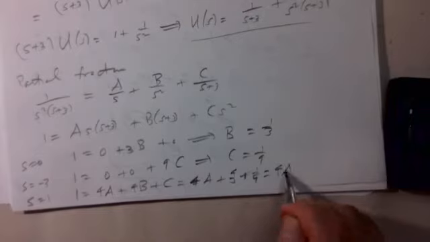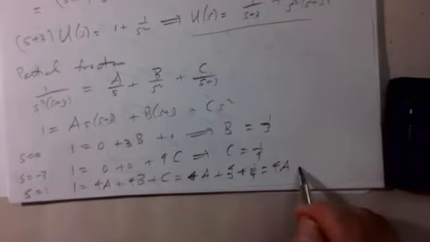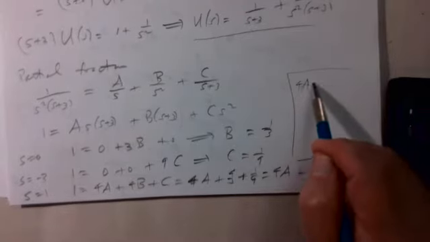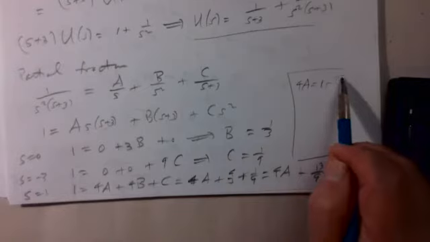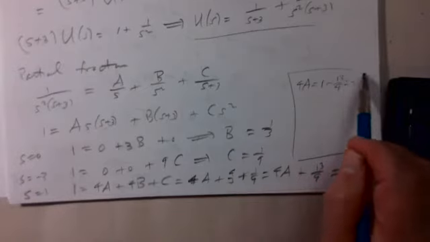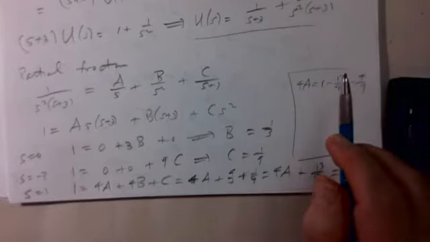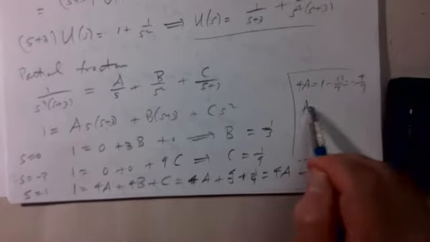So this is 4a plus 13 over 9 equals 1. So I'll just do my little side calculation. 4a is 1 minus 13 over 9, which is minus 4 over 9. So a is equal to minus a ninth. Good.